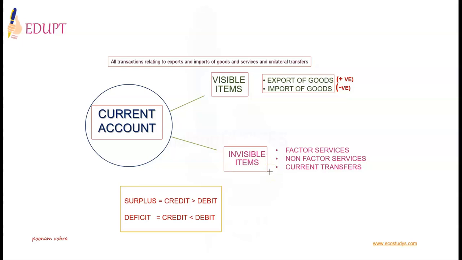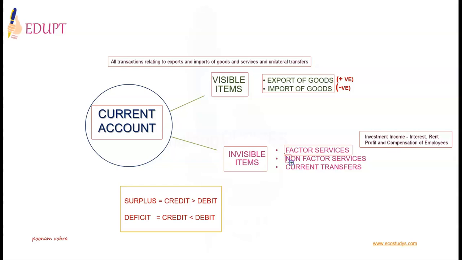It comprises of factor services, that is, payment in terms of income, including investment income in the form of interest, rent and profit, and for work in the form of compensation of employees.